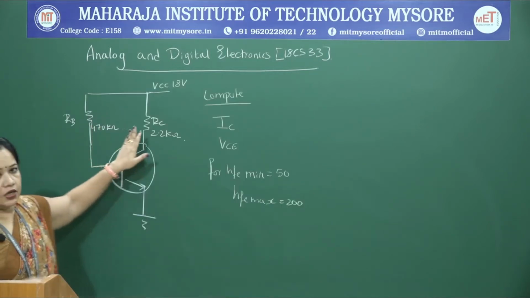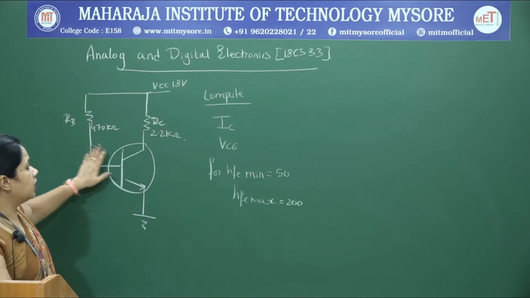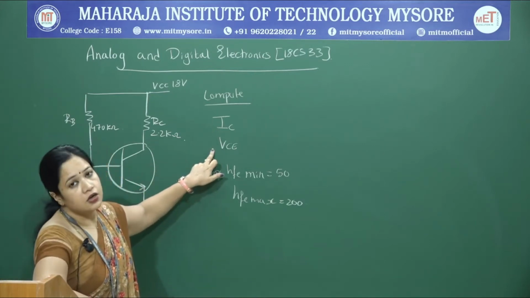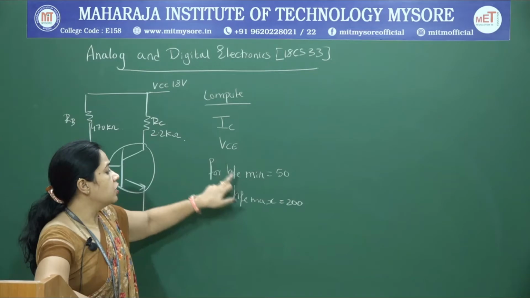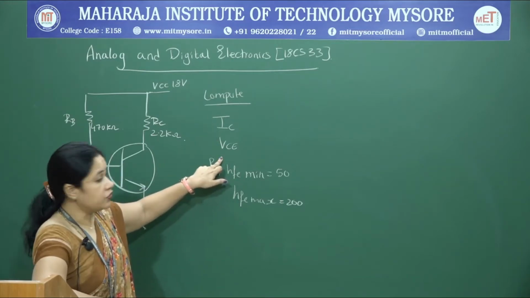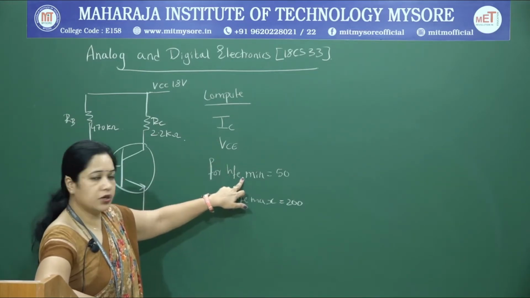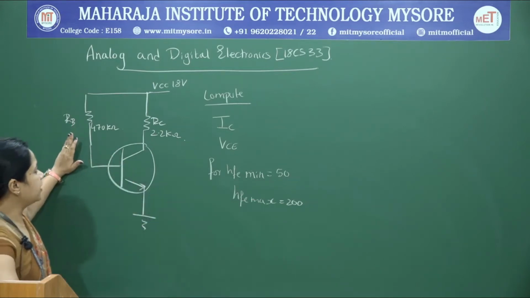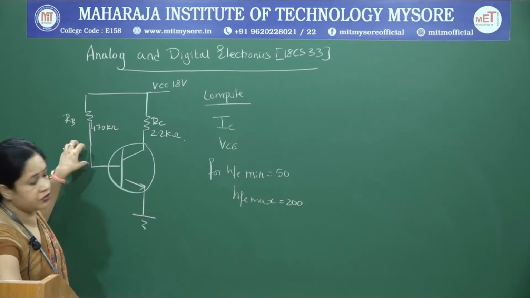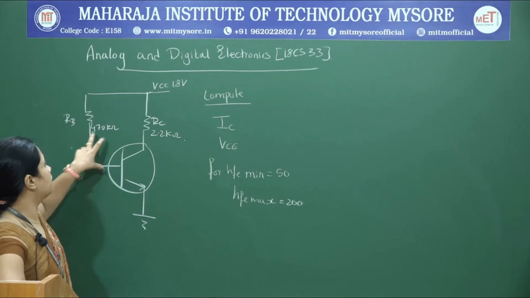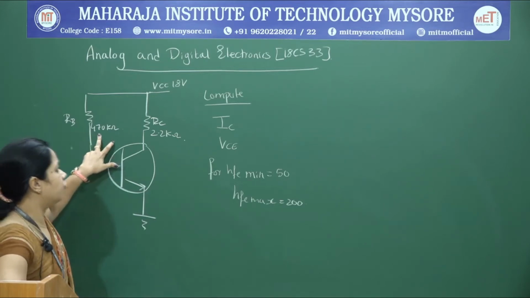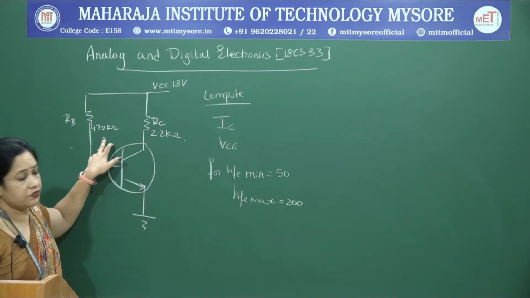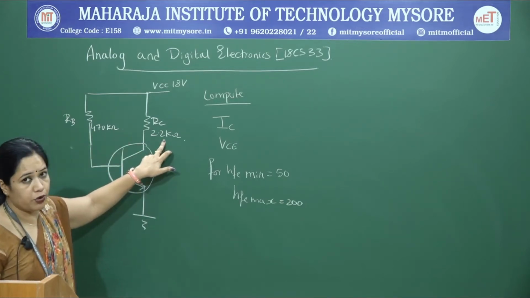Here we are given the base biasing circuit. You are asked to find the maximum and minimum values of collector current and collector emitter voltage, corresponding to a gain of 50 and 200. You can identify this is a fixed bias circuit. You are given a base resistance value of 470 kilo ohms and a collector resistance value of 2.2 kilo ohms.